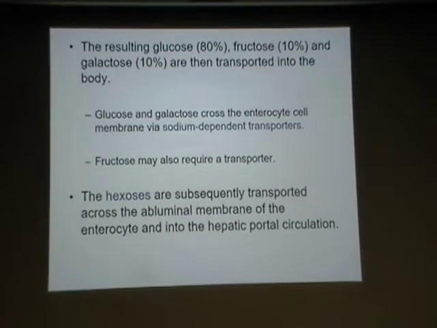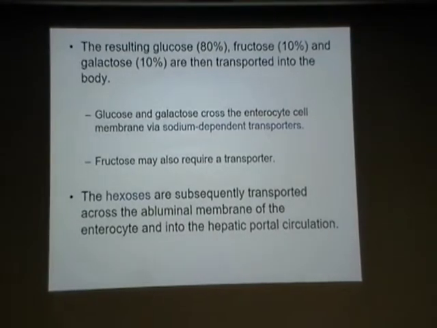And we might be tempted to think about having just diffusion allow the glucose to enter our body. That's not going to work very well, because glucose is hydrophilic, and the lipid bilayer of the luminal membrane of the enterocytes is going to resist its movement.